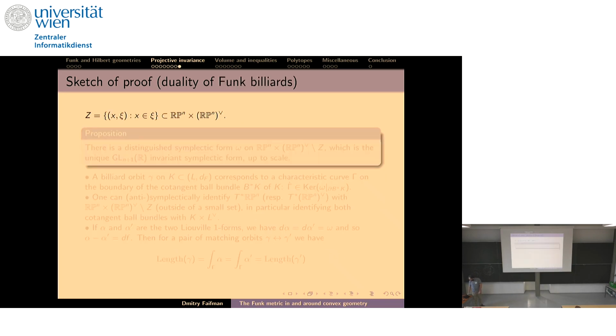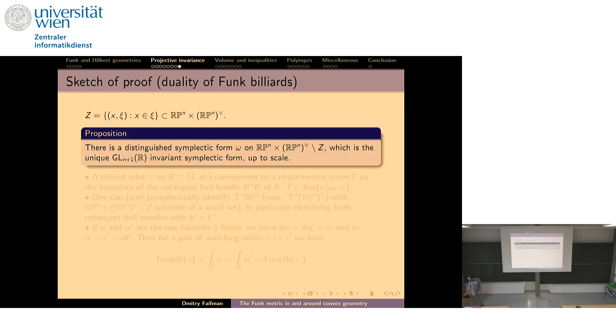Okay, so for the billiard orbits, it's not much more difficult. Now it turns out that there is also a distinguished symplectic form on this product outside of Z. You can describe it, for instance, as some symplectic reduction, or in your favorite manner.